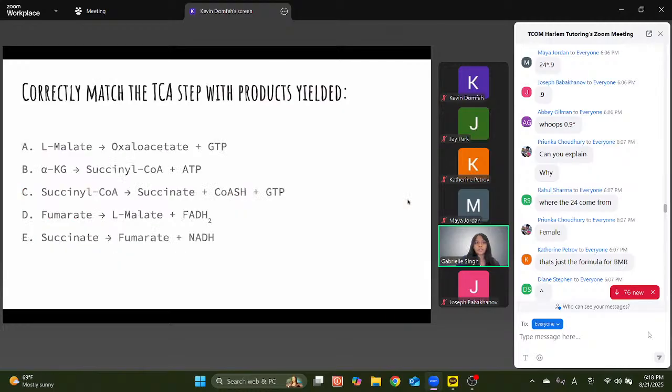Great. Okay, correctly match the TCA step with products yielded. This one I'd say 100% use your metabolic map. I feel like it's difficult to remember each and every type of substrate that's yielded.